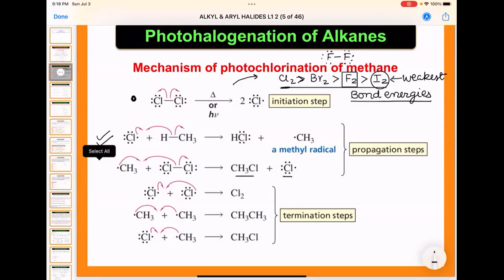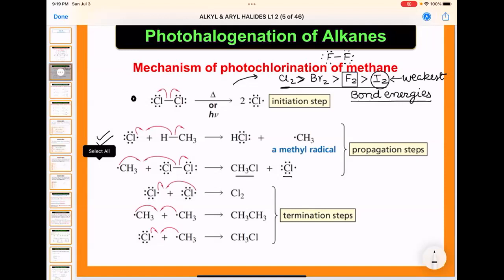That's why it is at the first position. So chlorine is most difficult to break. So iodine should be the easiest one to break. And if iodine is the easiest one to break, the rate of iodination should be the maximum.